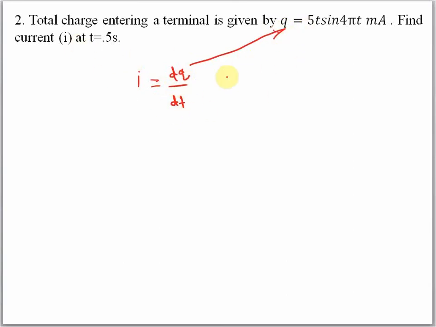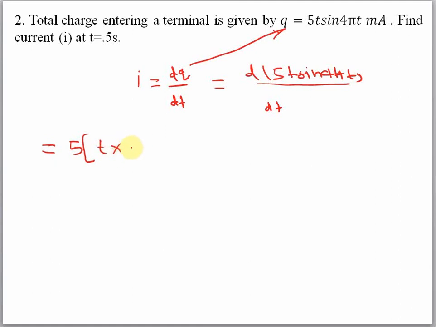Okay, let's put the charge value here. So we have 5t sine 4 pi t, and we have to differentiate it with respect to time. So let's do it. Okay, 5 common, and here t sine 4 pi t with respect to t.